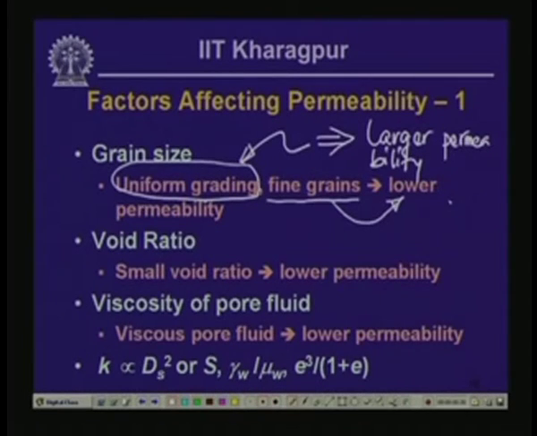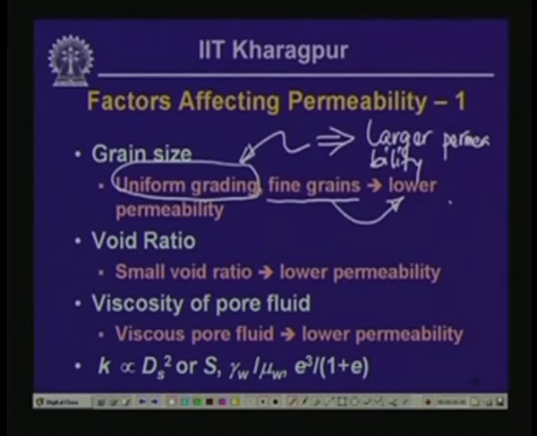Then permeability K is going to be proportional to the unit weight of the pore fluid divided by the viscosity of the pore fluid, and permeability K is also proportional to a term equal to e cubed divided by 1 plus e, where e is the void ratio.